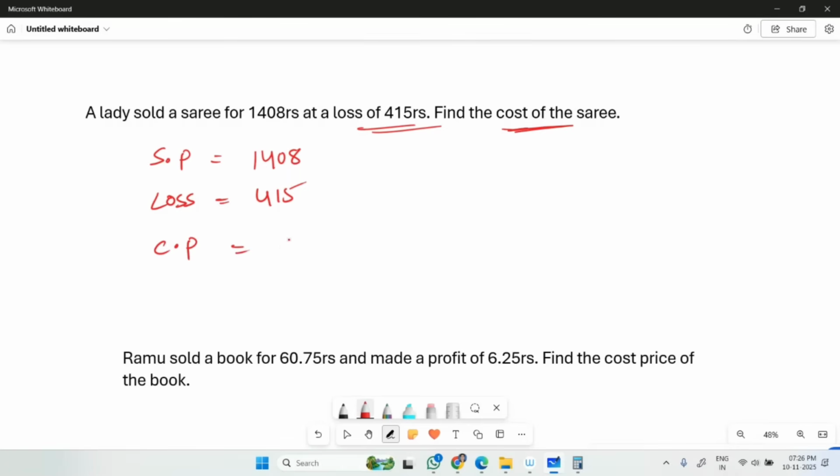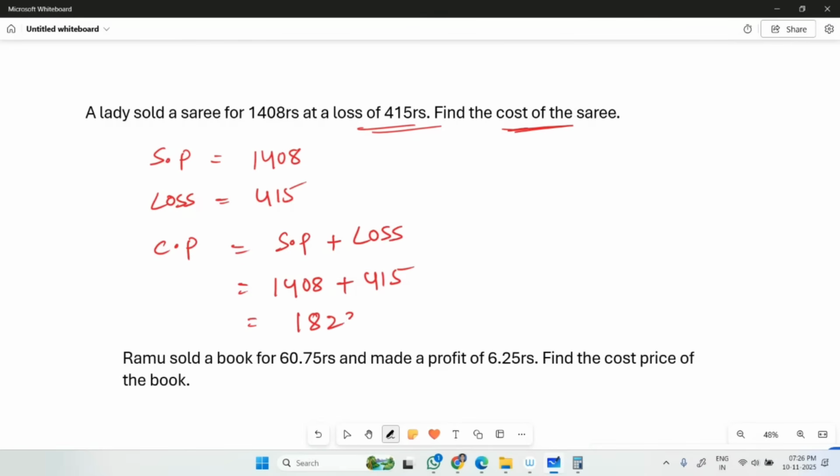We have to add loss to the selling price. Let's say selling price plus loss, which is 1408 plus 415, 1823 rupees. So the cost of the saree is 1823 rupees.